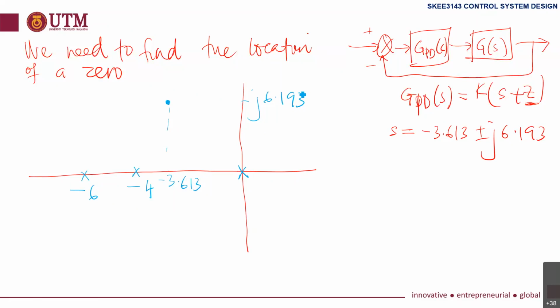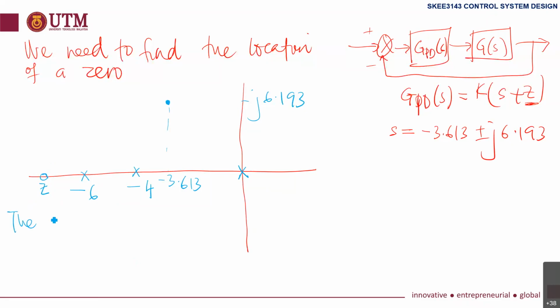By adding the PD controller, we add one zero. So we add one zero here. We do not know the exact location. We want to find the location of the zero, but initially we just put the zero at any place on the real axis. So the next step is to find the zero.